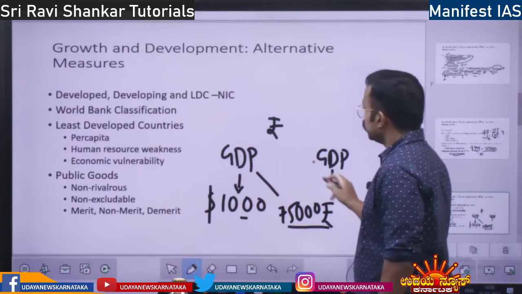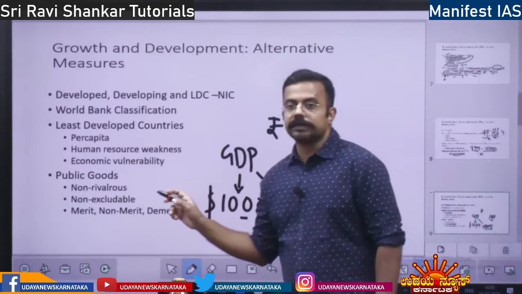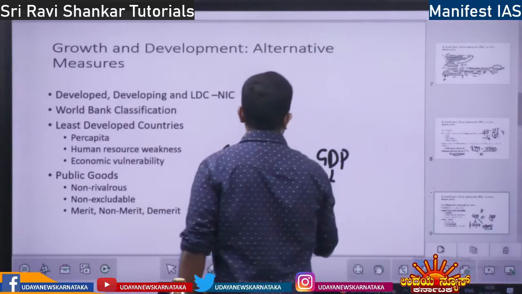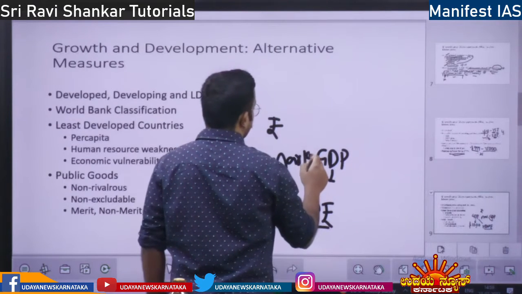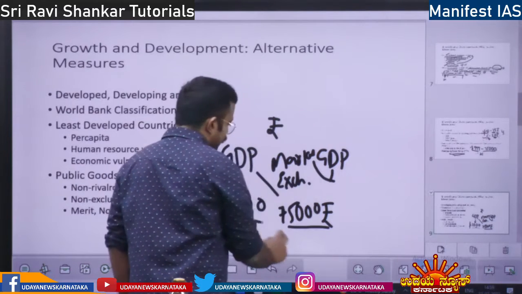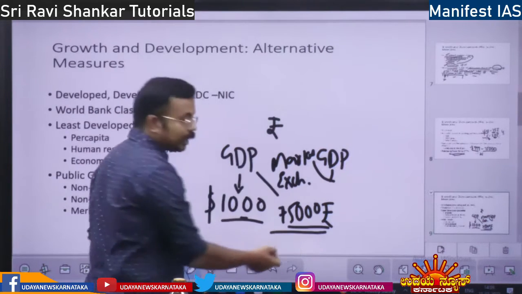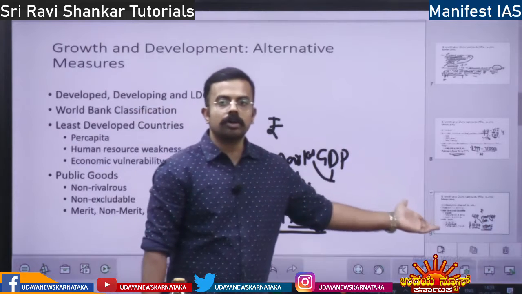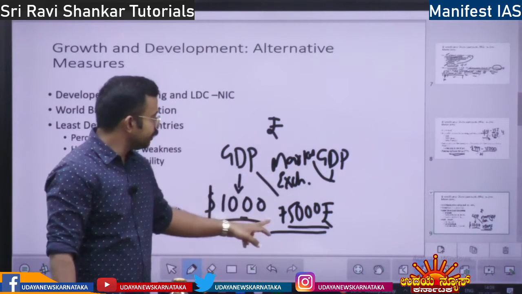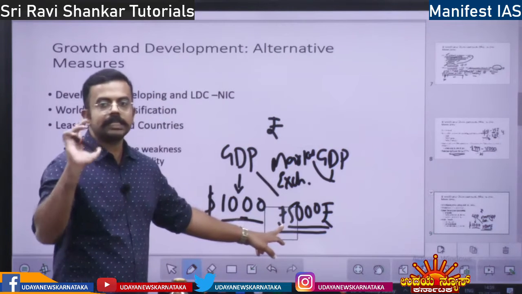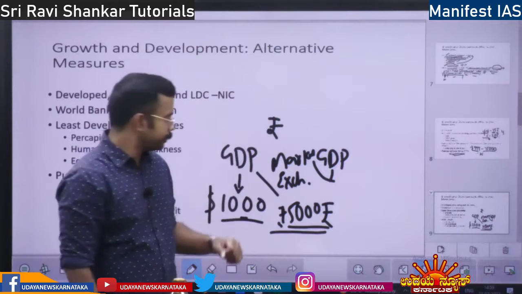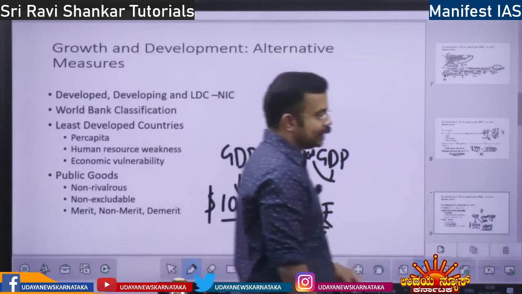Whereas in terms of purchasing power parity, this is with respect to the market exchange rate. Similarly, you can convert 140 lakh crore into dollar terms. Just divide it by 75 rupees. $1 is 75 today. Divide, and you will get it in dollar terms. Clear? That is the market exchange rate.